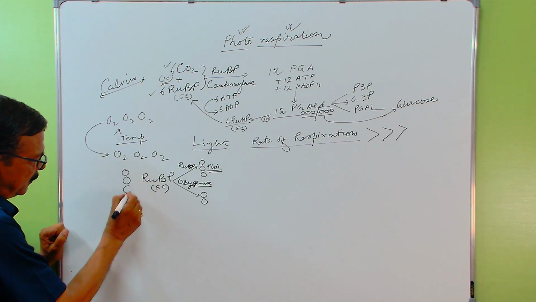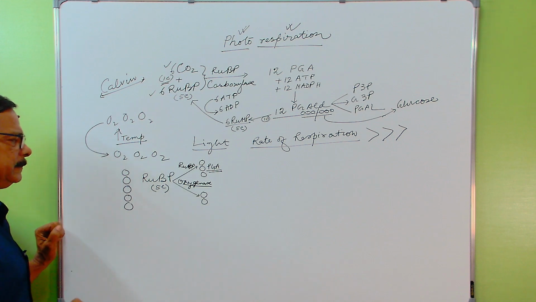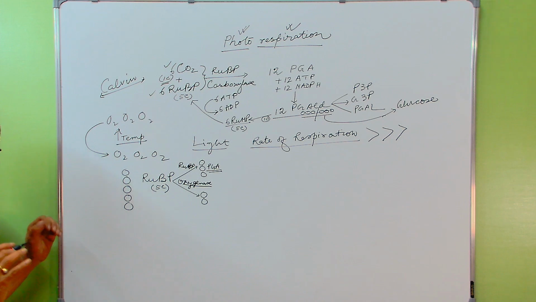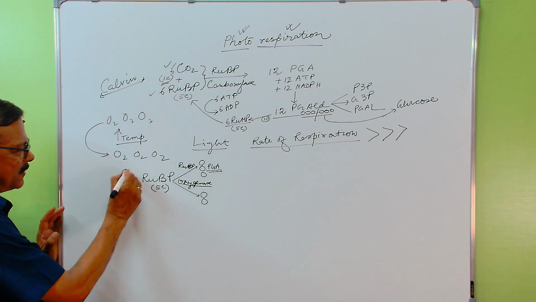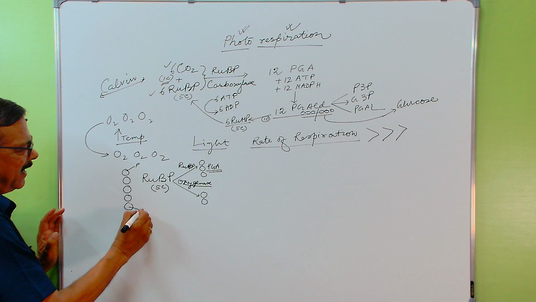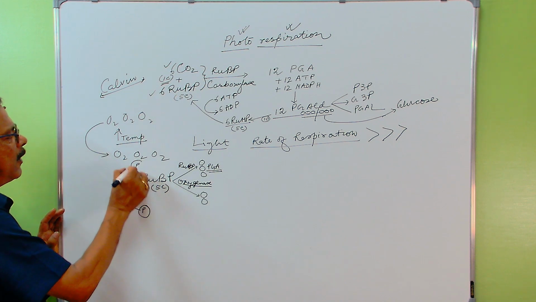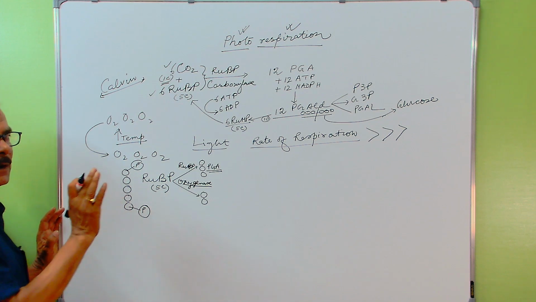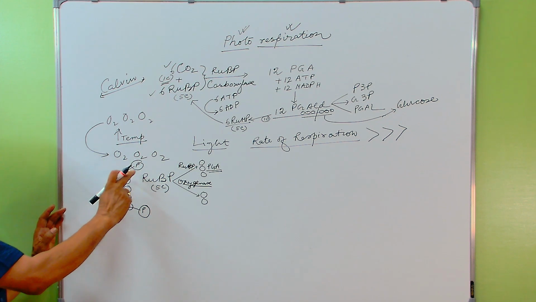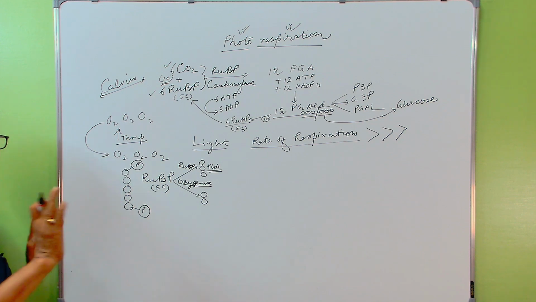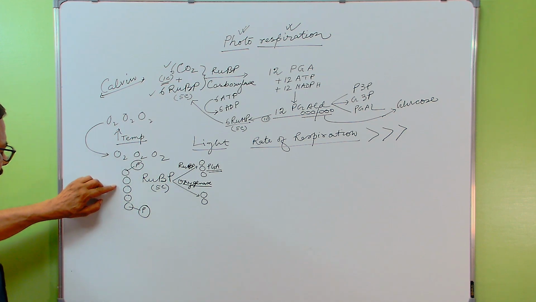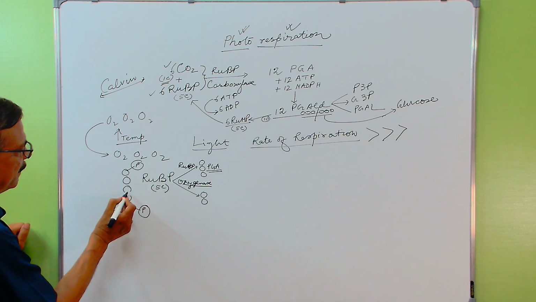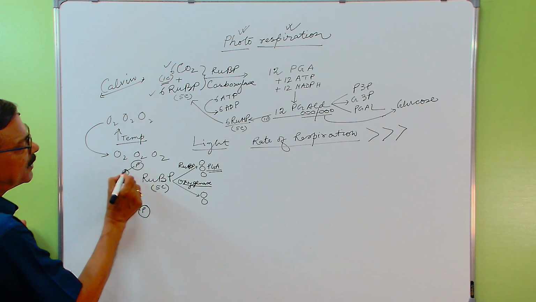Finally, RuBP is 5 carbon: 1, 2, 3, 4, 5. Ribulose bisphosphate or diphosphate. So here is one phosphate, and here is one phosphate. We used to call it ribulose 1,5-bisphosphate, or you can say ribulose 1,5-diphosphate. So it splits here: 1, 2, 3, and 1, 2.